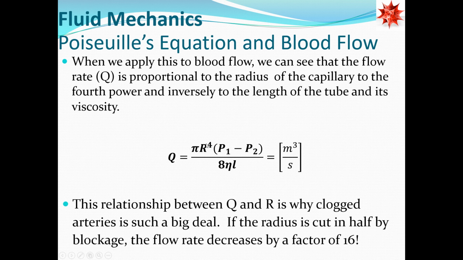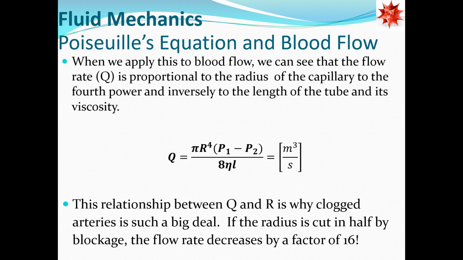Now, one interesting thing about this, which is why I want to talk about it, is that because of the very high power, the power to the fourth on that radius, it basically shows that even the smallest change in your radius is going to result in a significant change in the flow rate.